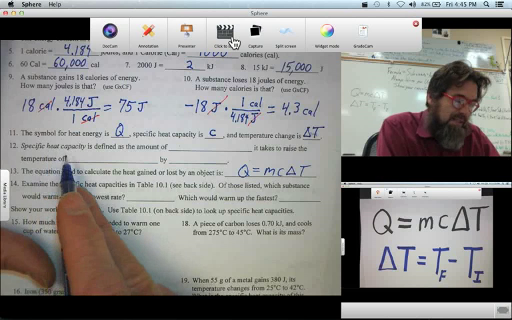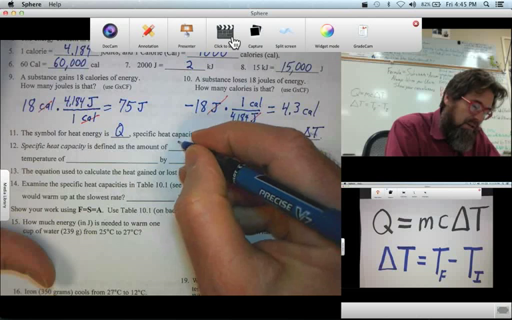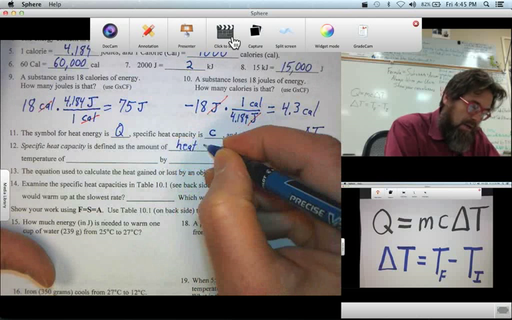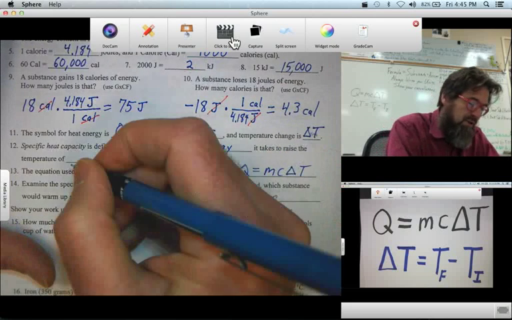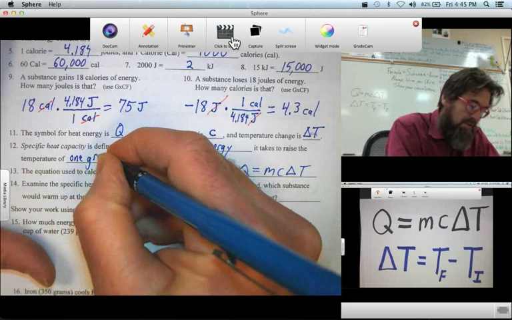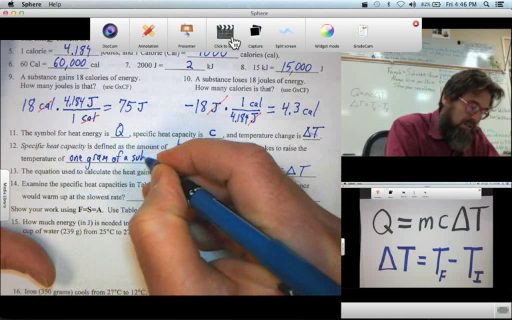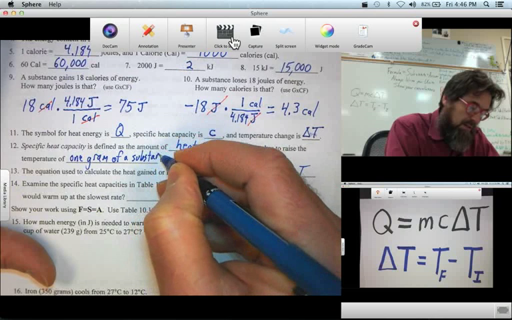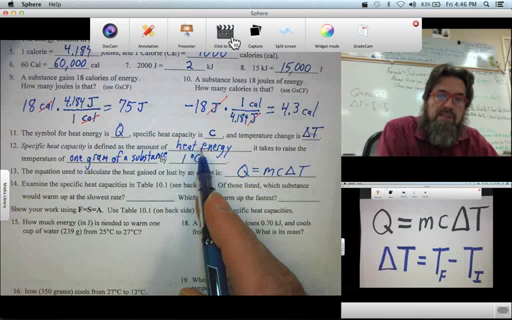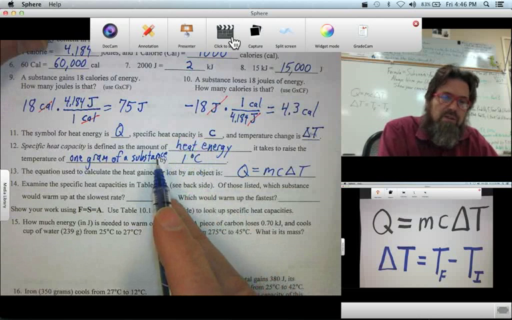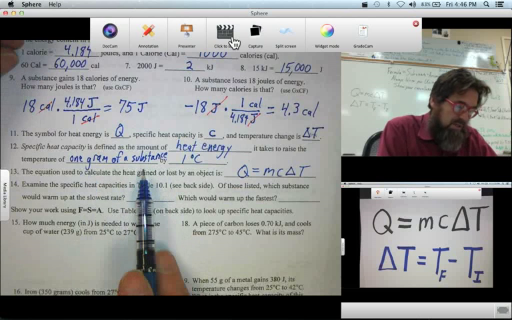Specific heat capacity, in question 12, is defined as the amount of heat energy, in calories or joules, it takes to raise the temperature of 1 gram of a substance by 1 degree C. Each substance has its own heat capacity, so it is a property of the substance. Water has a very high specific heat capacity. Metals generally have a low specific heat capacity.